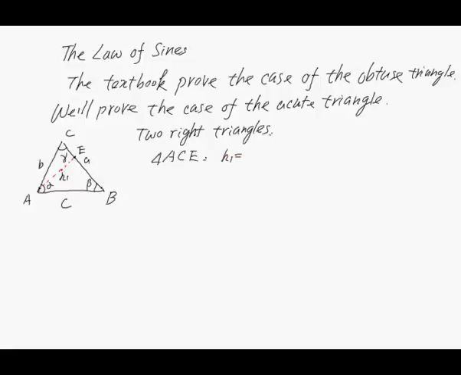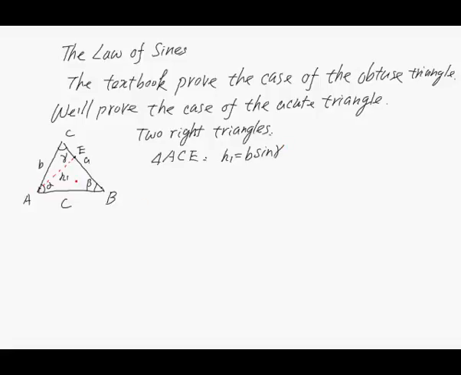And in this right triangle ACE, H1 is the length of the side opposite the angle gamma, right? So by the trigonometric ratio theorem, this H1 should be equal to this hypotenuse times the sine gamma. So H1 is equal to B times sine gamma, right?